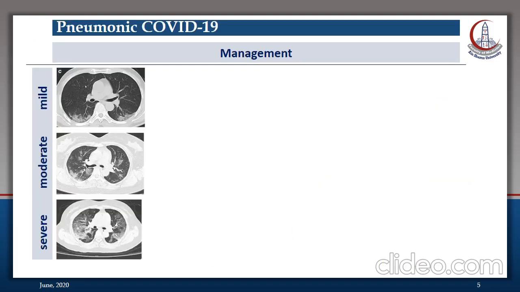Now let us see how these changes affect the plan of management of pneumonic COVID. In milder forms and in early stages of the disease, the affection of the lung is peripheral, abutting the pleura, scarce, discrete, and they contribute little to the overall process of gas exchange.